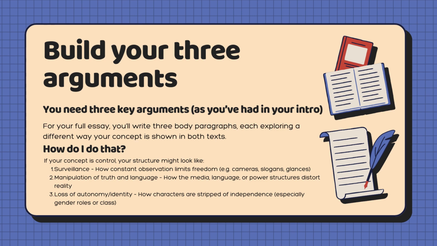And lastly, body paragraph 3 might focus on the loss of autonomy or identity. I can talk about how particular characters are stripped of independence, especially gender roles and class. When I'm referring to the characters, I can refer to the characterization within my technique as well.